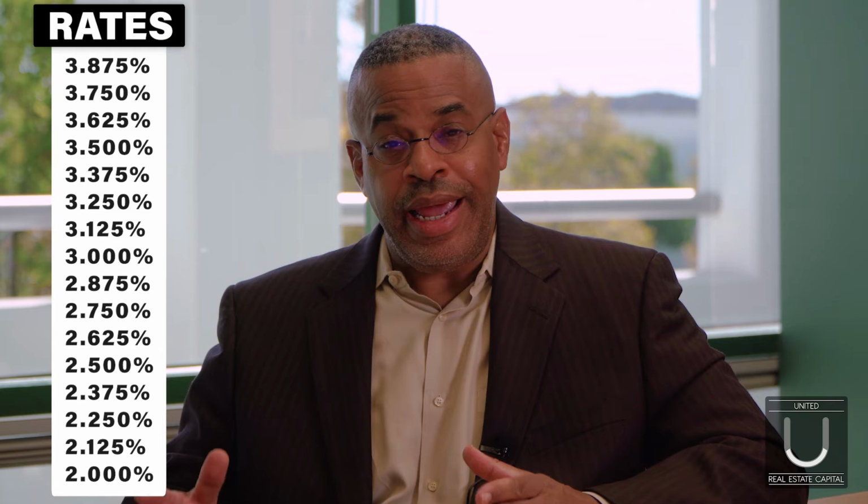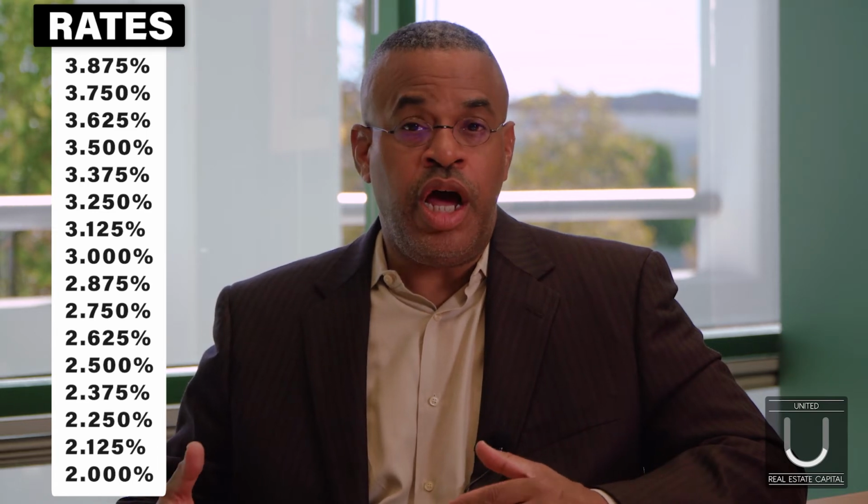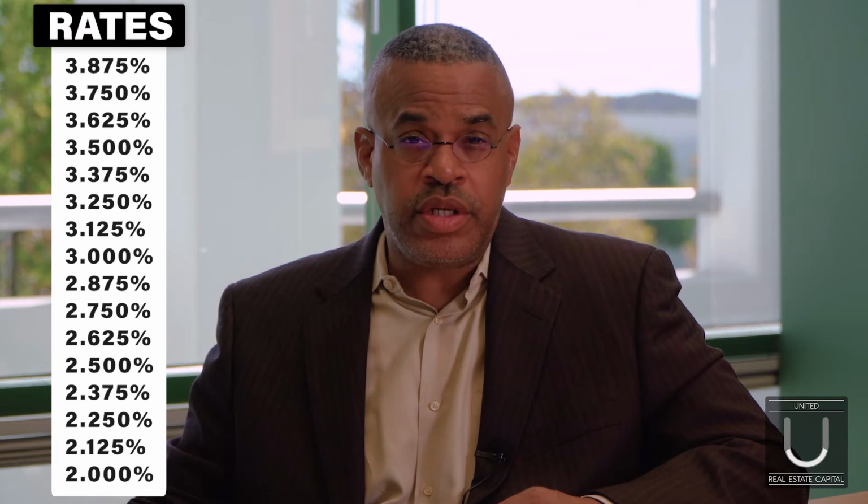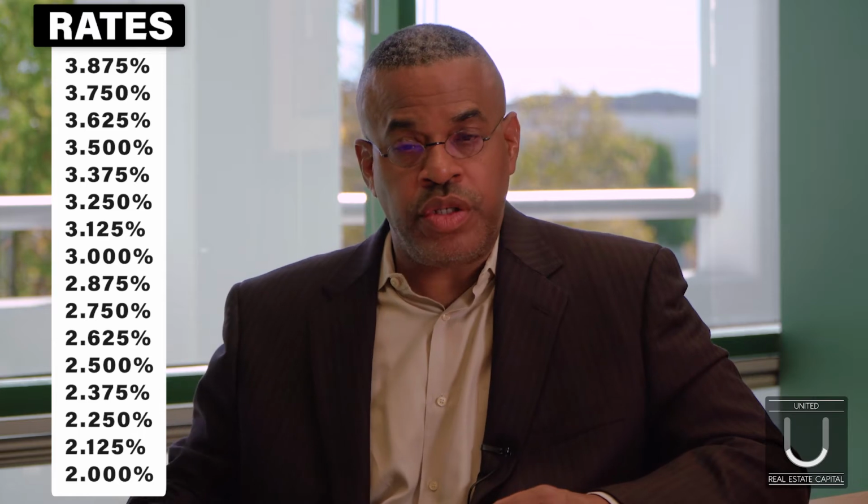On the other end of the spectrum, the 3.875% would have no fees, and you would get a credit, probably of about $15,000 to $17,000. In the middle of the spectrum, that's where you're going to find the 0 points rates that are really popular, and the no cost rates, right in the middle of the pack.